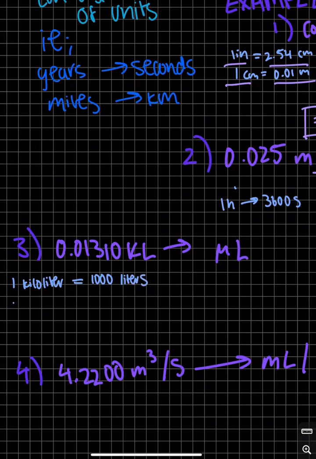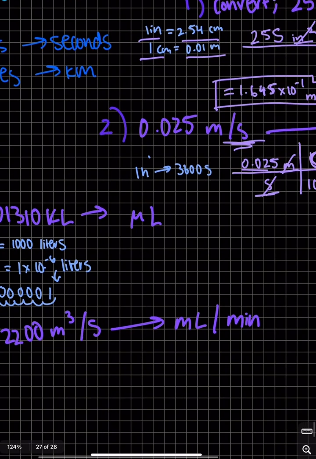And 1 microliter is equal to 1 times 10 to the negative 6 liters. In other words, this is a 1 with 6 places. I go 1, 2, 3, 4, 5, 6. Meaning that it is equal to 0.000001 liters. It's just 1 to the negative 6.